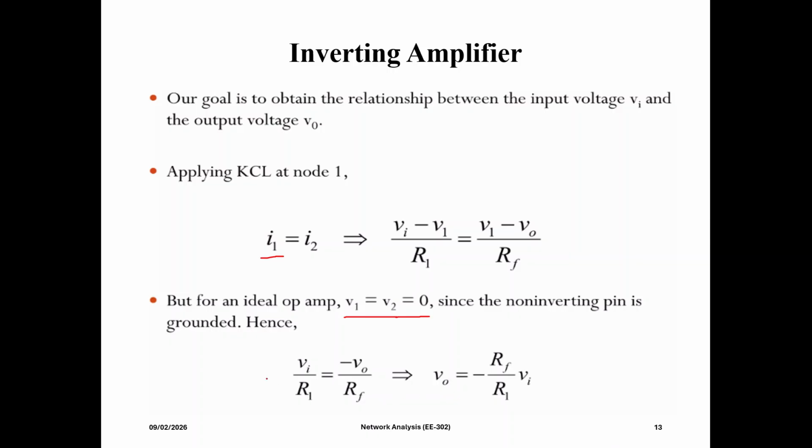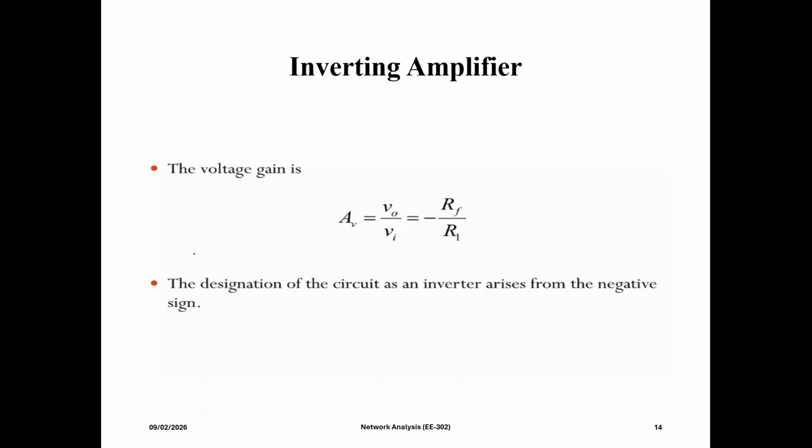So from the previous result we can directly write the voltage gain AV, that is the ratio of output voltage over input voltage, and the negative sign here in the gain is very important. It means the output signal is inverted compared to the input.